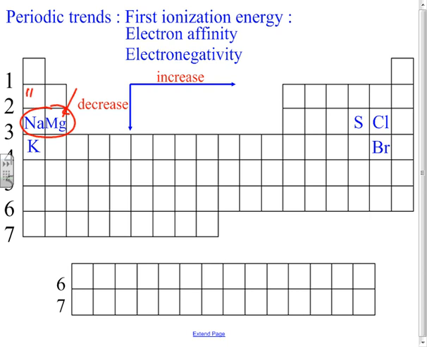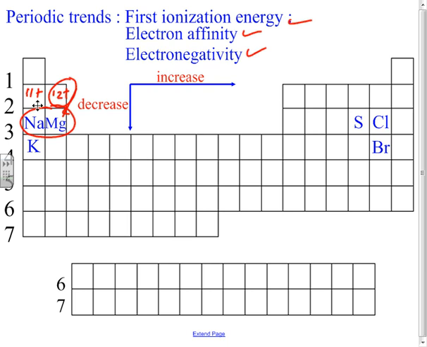Sodium has 11 protons, magnesium has 12 protons. Because of that greater nuclear charge, it makes it harder to remove the outermost electron, a greater change when you add an electron to it, a greater loss of energy, and it makes it more likely to gain electrons when combining with another element.